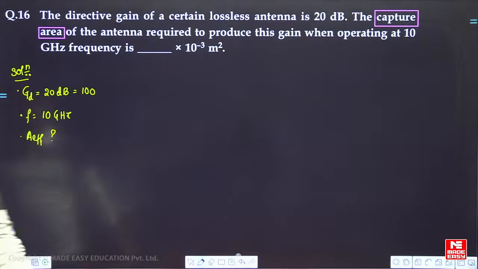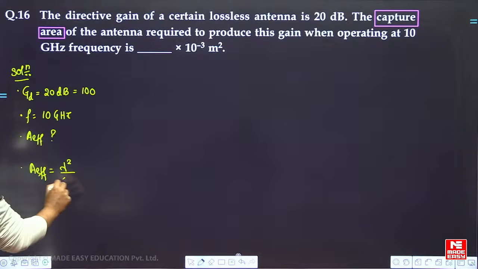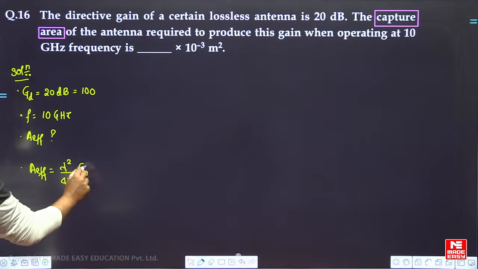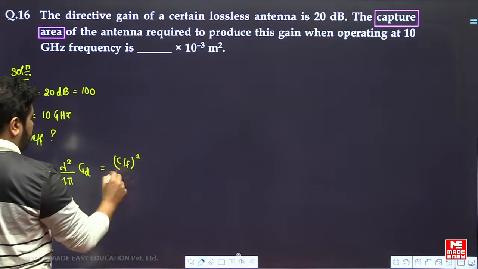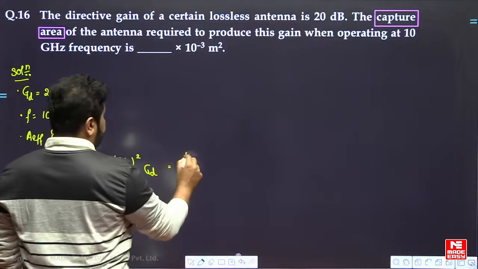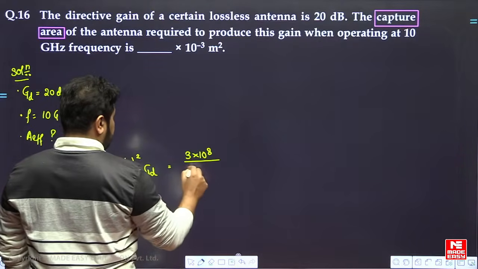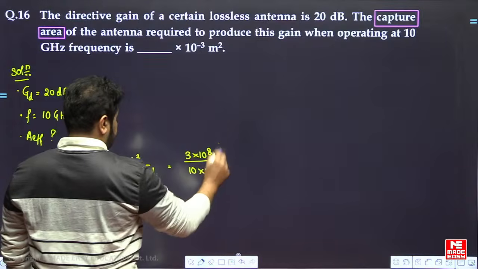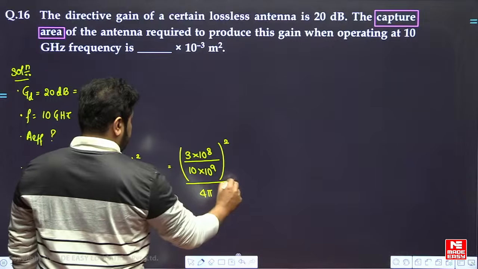So, a simple question. We know that the effective area is lambda square upon 4 pi into GD. Lambda is nothing but C upon F, whole square, upon 4 pi into GD. C by F is 3 into 10 to the power 8 upon frequency 10 into 10 to the power 9, whole square, upon 4 pi into 100.